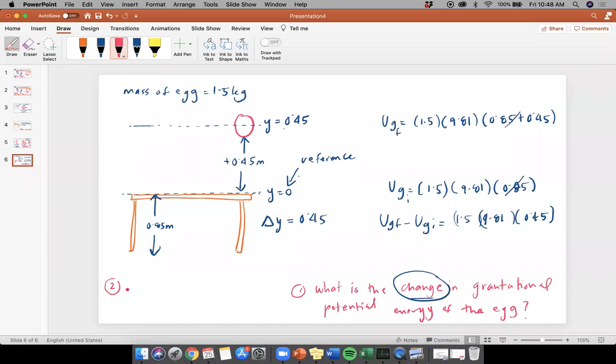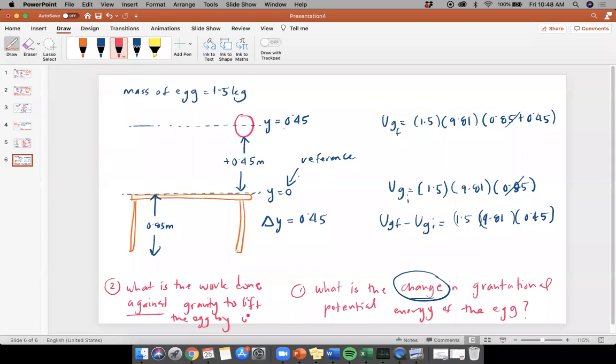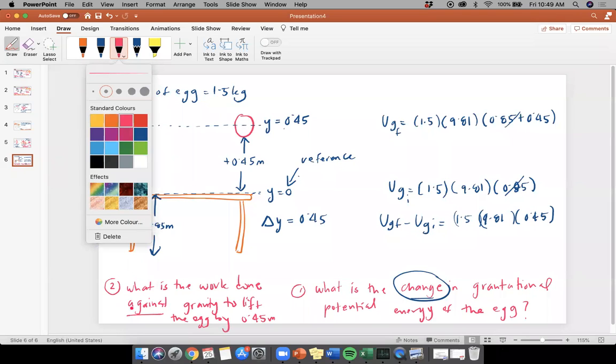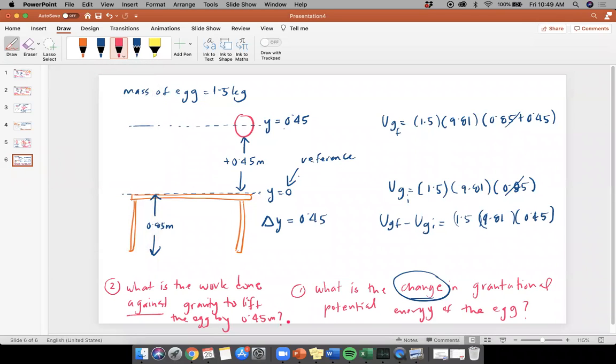Number 2, what is the work done against gravity to lift the egg by 0.45 meters? We have seen this before. We have seen the term against gravity. What does it mean?